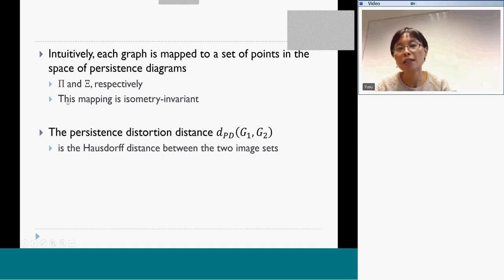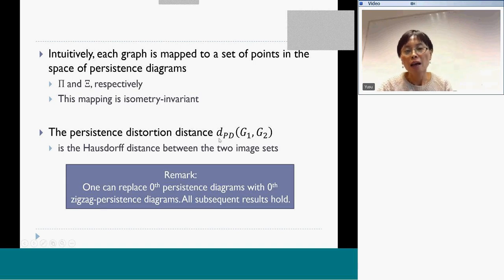It is easy to see that this mapping is isomorphism invariant, namely, if two graphs are isometric, then they have the same image set in the space of persistence diagrams. So now the persistence-distortion distance between input graphs is measured as the Hausdorff distance between the two image sets in the space of persistence diagrams.